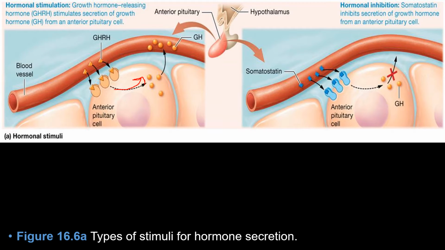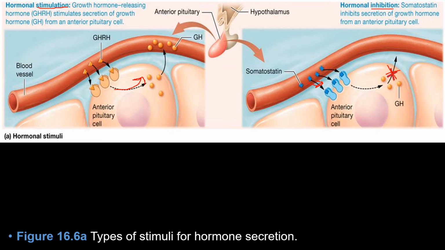And that's just a response to a hormonal stimulus. And that's the hormonal stimulation. Then you also have hormonal inhibition, where you see somatostatin binding to those same cells through different receptor sites. But what that does is it inhibits the release of growth hormone.